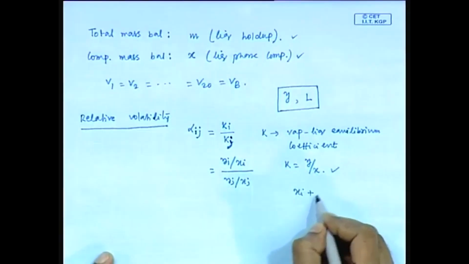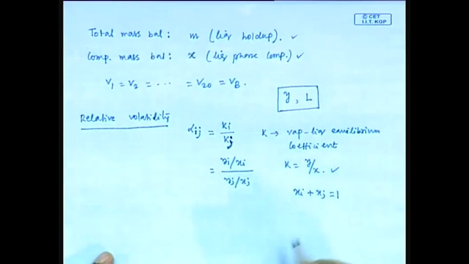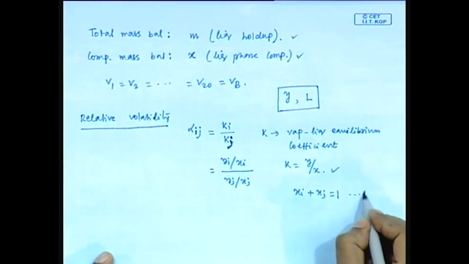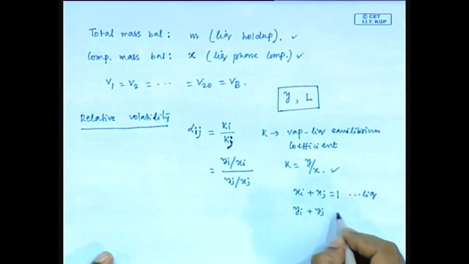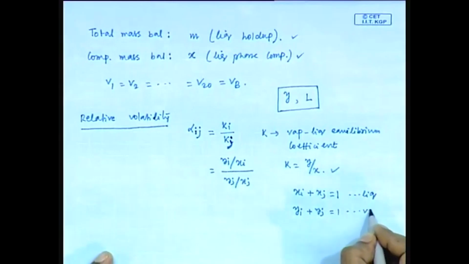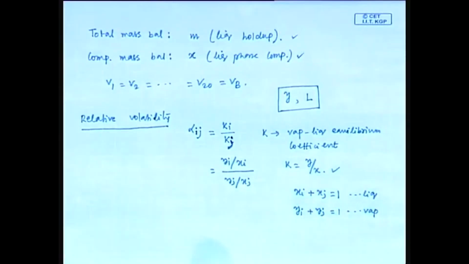Now, see, our example column is a binary distillation column. That means there are two components, one is i, another one is j. So, we can write xi plus xj equals to 1. This is for liquid phase. Similarly, for vapor phase we can write yi plus yj equals to 1. Agree? Because our mixture is a binary mixture.